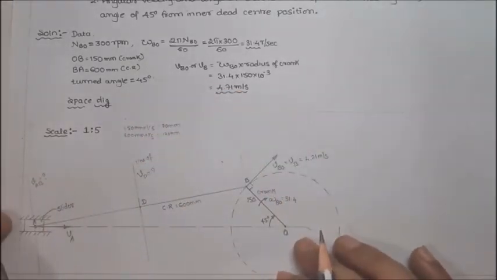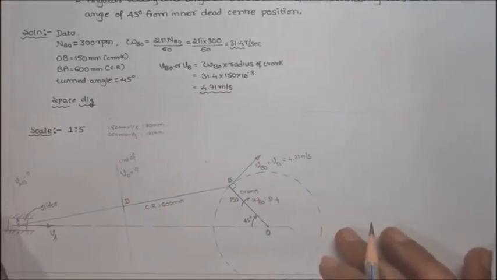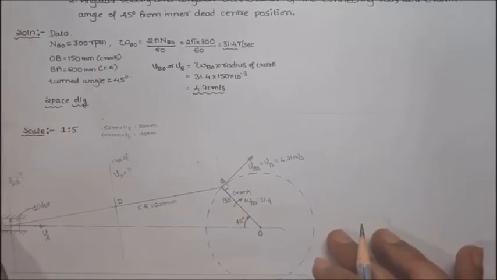From the velocity diagram we can find out these velocity points.